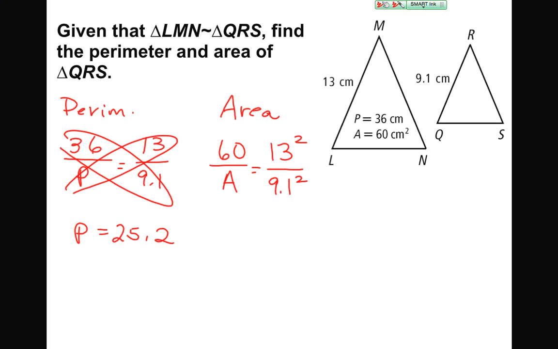You cross multiply, get your squaring done in there. Should be a smaller area than what we had.